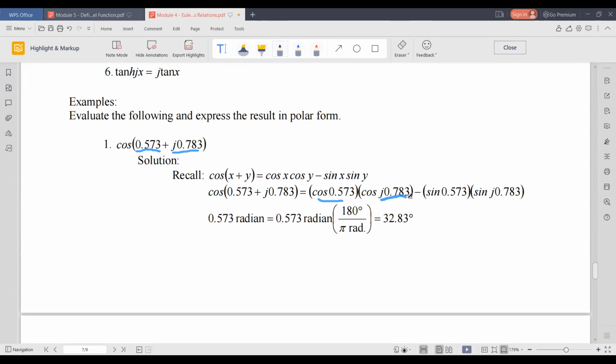So here, that is 0. This is an complex form. So imaginary 0.783. Ayan, tama. So eto, pwede na natin ito ma-direct, di ba? So we just need to convert it to degrees para makuha natin yung value. But dito, sa j, sa cosine j 0.783, so we need to use the relation dito sa relations between hyperbolic and trigonometric functions.